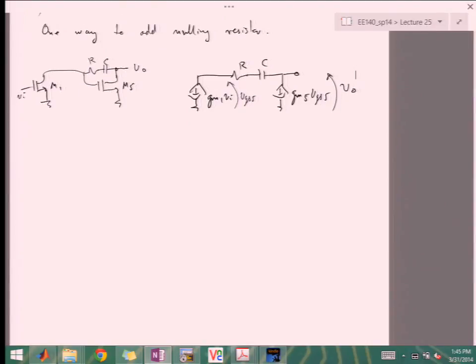So if you take a look at this circuit, you can do quick KVL, KCL, and I won't do that right now, but I'll just write you kind of the final thing, that VO over this VI really ends up being minus GM1 over SC times 1 plus SCC, or in this case, we'll just do C. And then here, we not only have GM5, but we have R minus 1 over GM5.